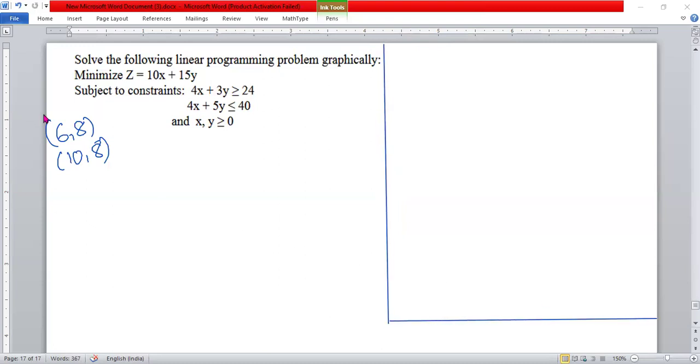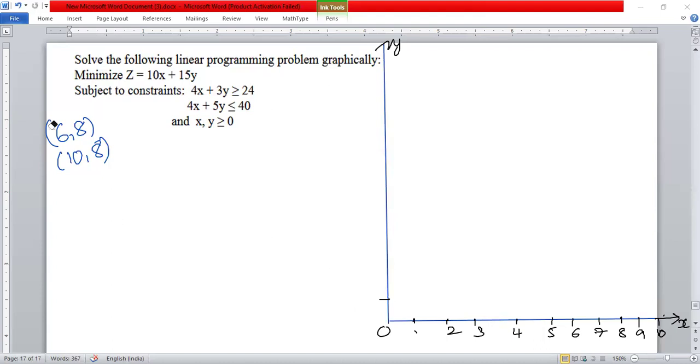Okay. So x-axis is highest 10. 0, 1, 2, 3, 4, 5, 6, 7, 8, 9, 10. This is y. The y-axis is 8 highest.